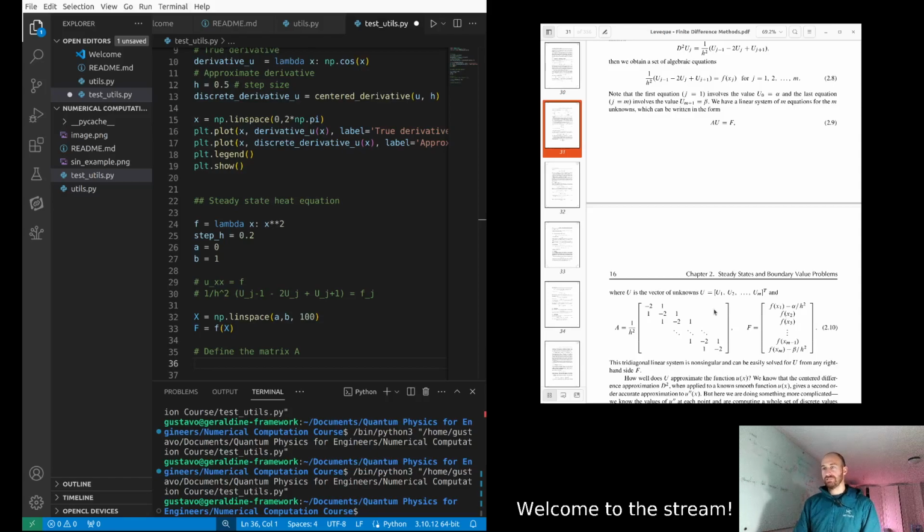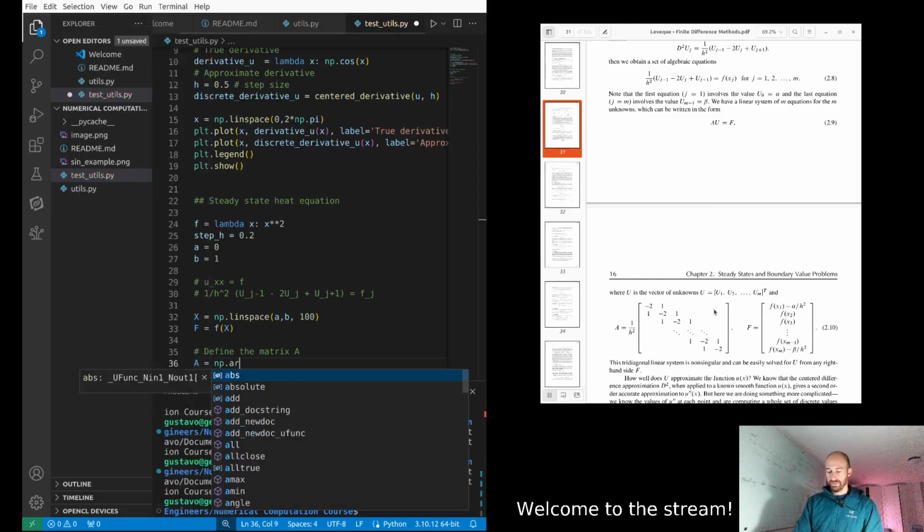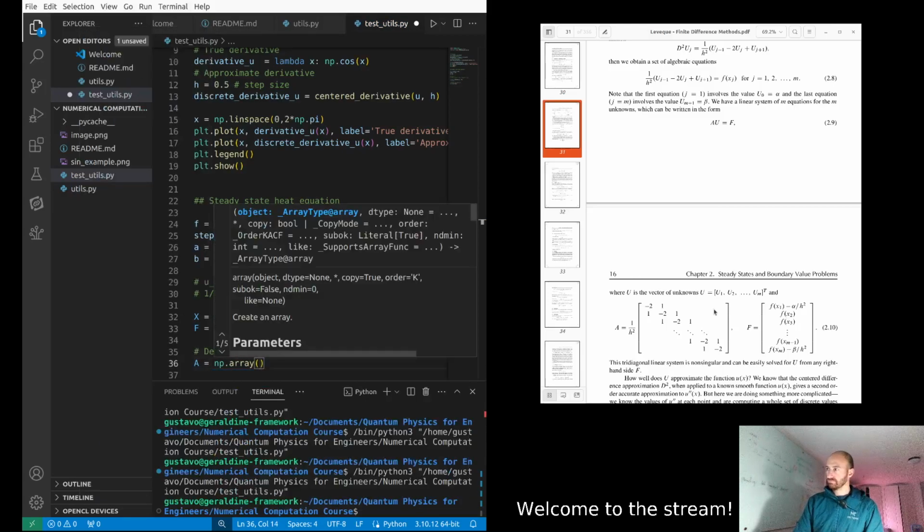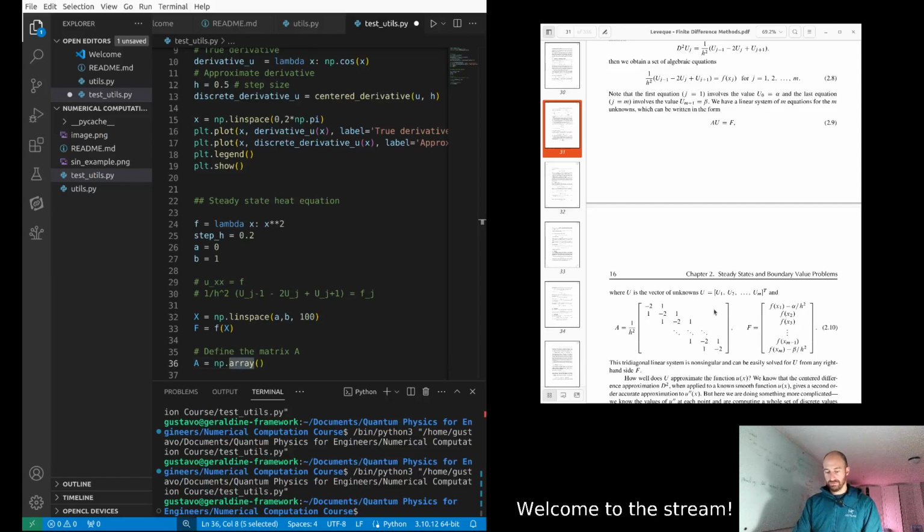So anyways, let's define this matrix A. A is going to be an array, and we have to define it in terms of the coefficients that we have here. So what is the size of this array? Maybe we'll put some zeros, and we have to put the dimensions of these zeros.